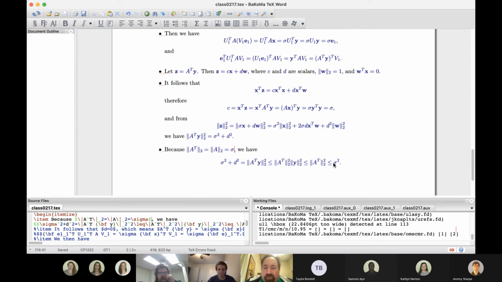Well, what can I conclude from that? If sigma squared plus D squared is less than or equal to sigma squared, what does that tell me about D?